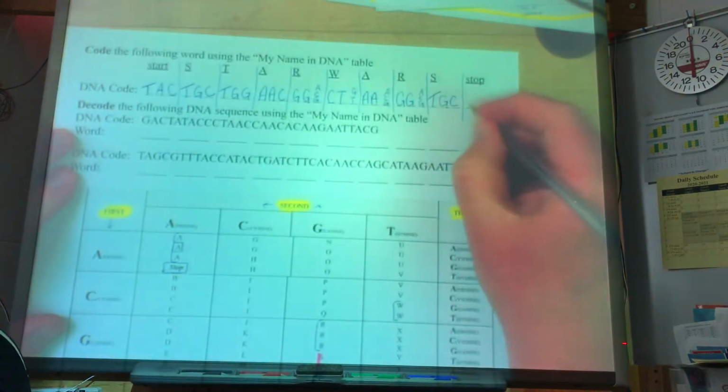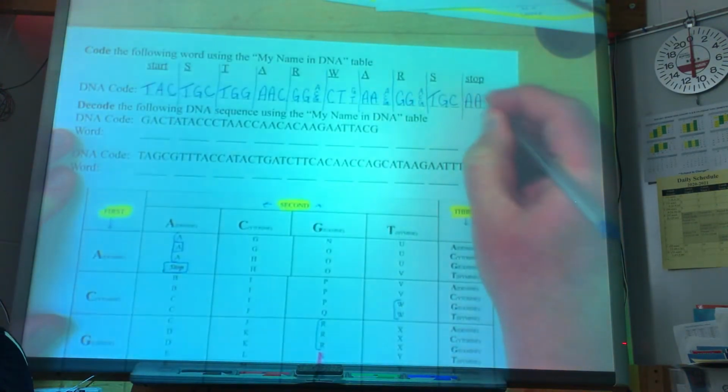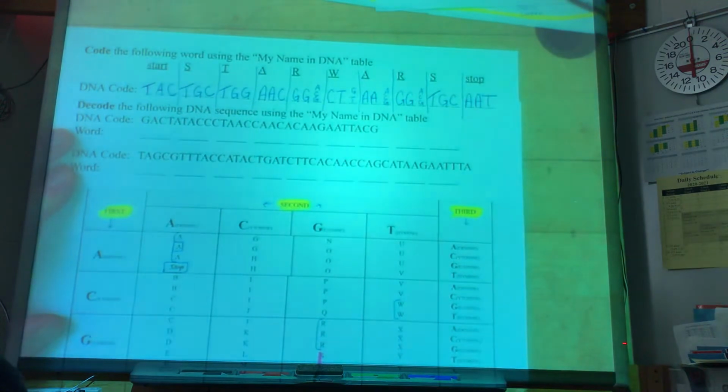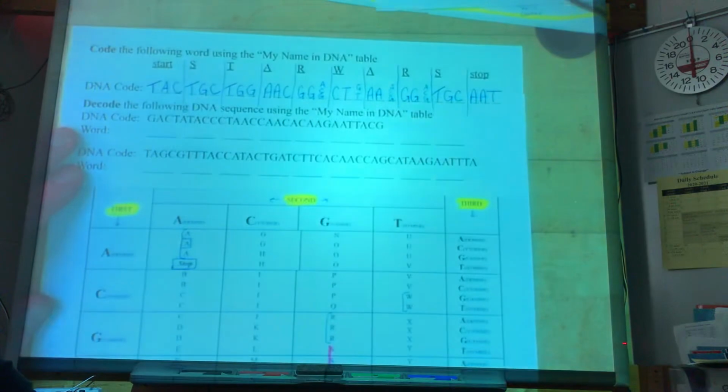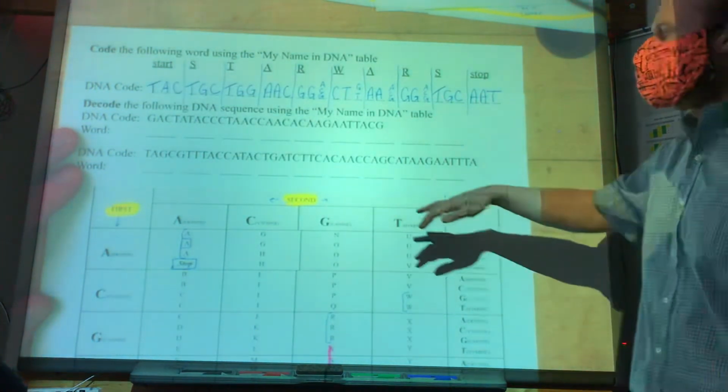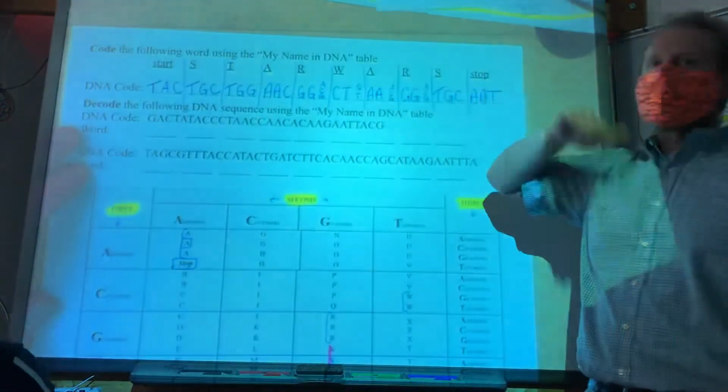So we have to end our word with AAT to say stop spelling our word. So DNA, this is how we can code for a message. What would that be called? Encoding? We'd be encoding the message? I think, maybe? I don't know. But now we want to decode it.